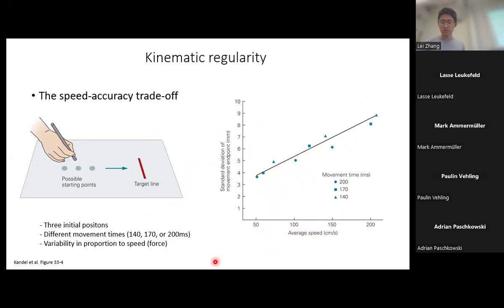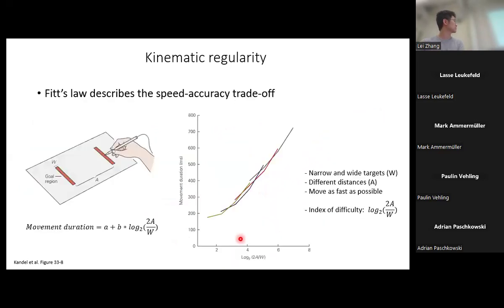And then we could even make it more mathematical. If we can make a model of that, a more advanced version of this experiment is Fitts' law. It's a kind of speed-accuracy trade-off. This is a modified experiment where we introduce a target width.